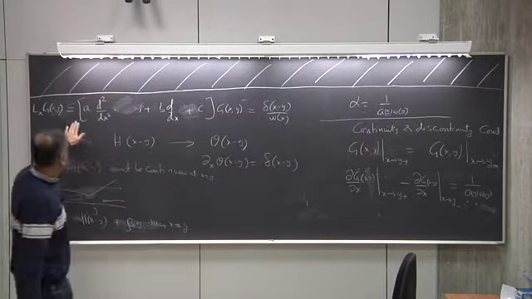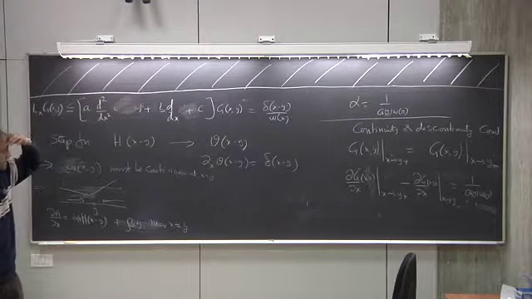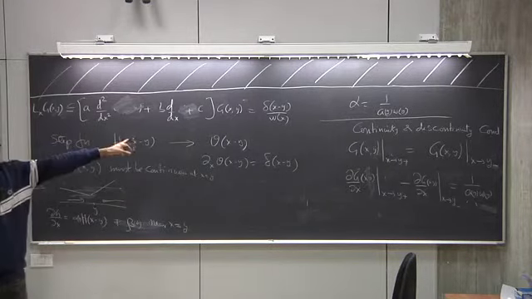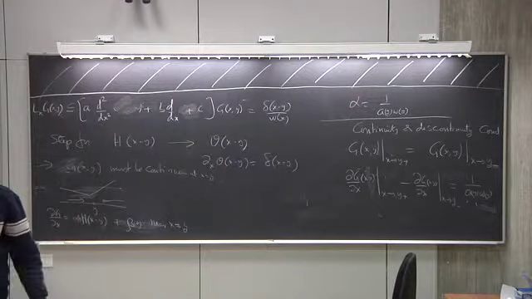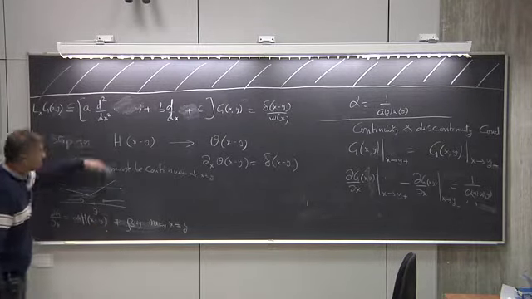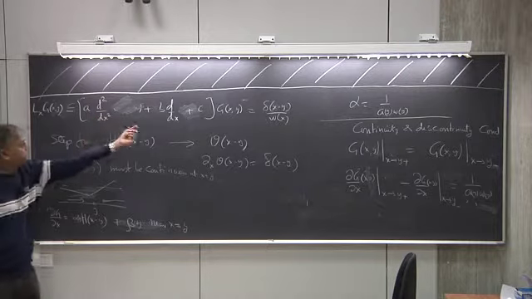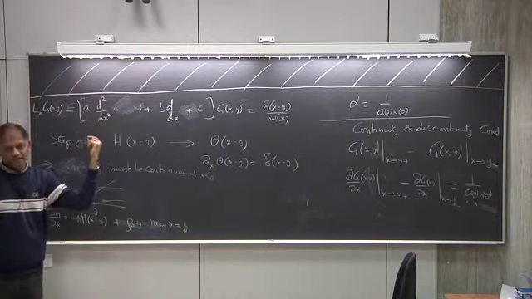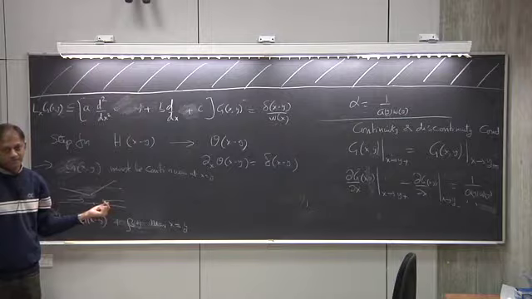This is just coming from looking at the behavior near x equal to y. I just plugged that in here and compared the coefficient of the Dirac delta function on both sides.